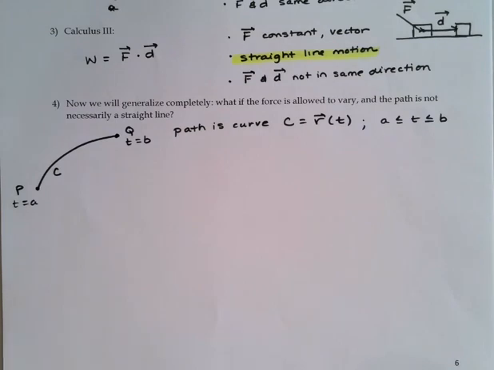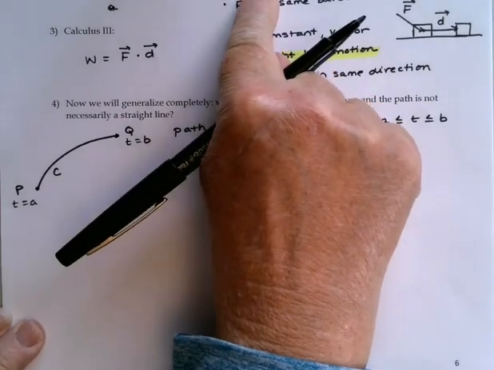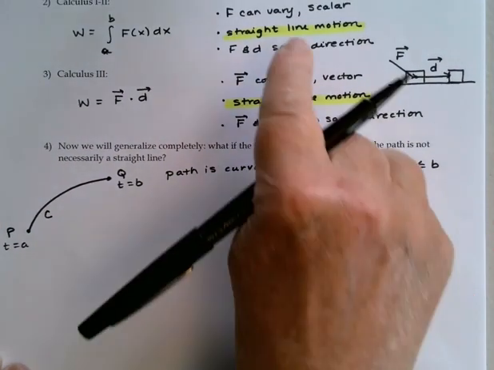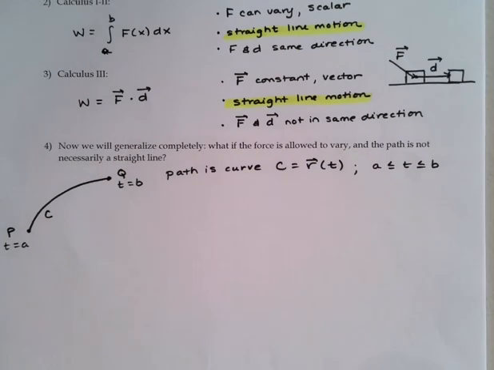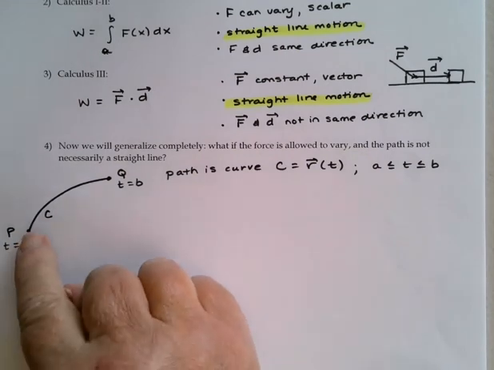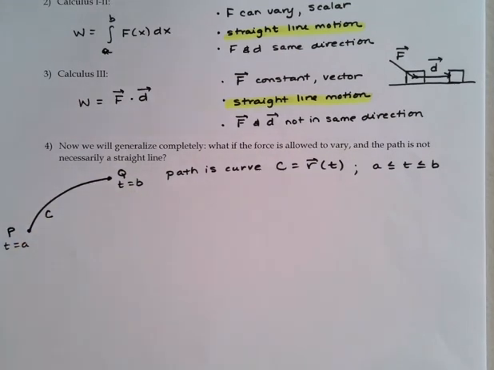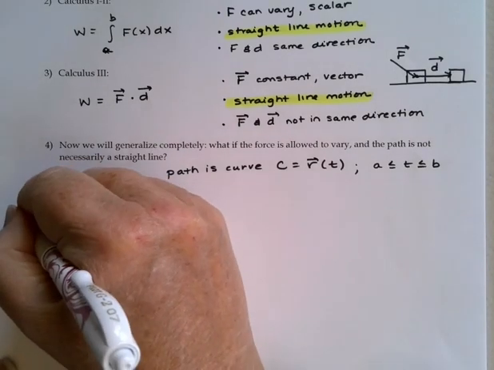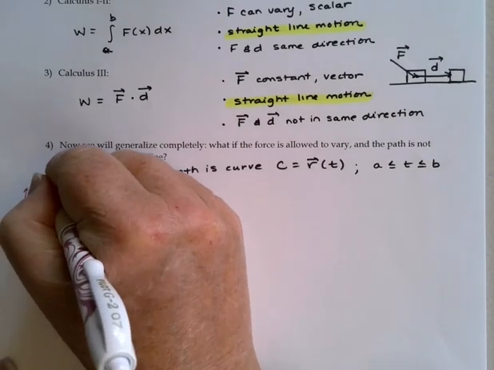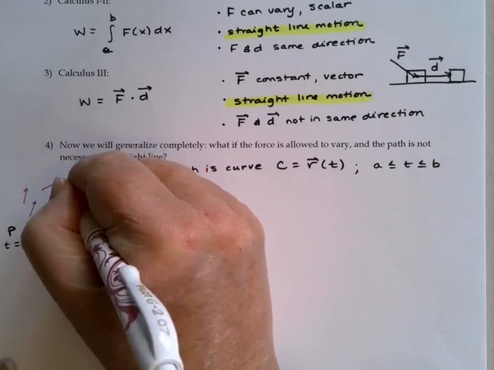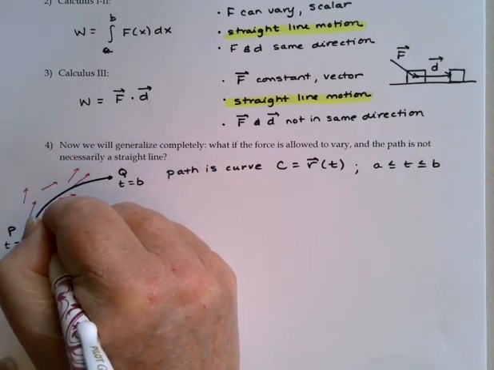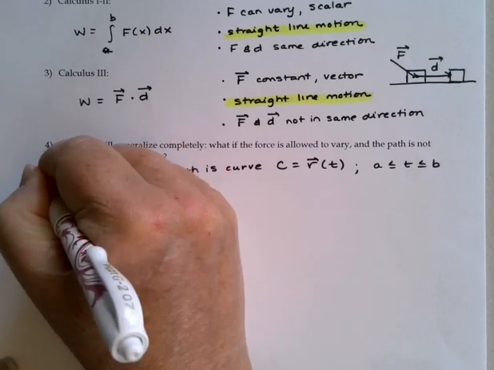All right, that takes care of the curved path. I would like to allow for a variable force, like we did up here. We want a variable force, and the way to get a variable force is to put this curved path in a vector field. If I've got a vector field out here, I'm just going to randomly draw some vectors.